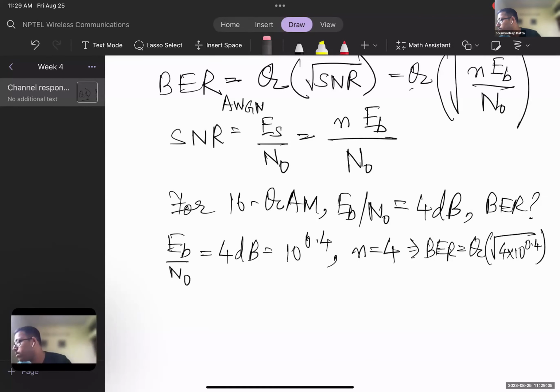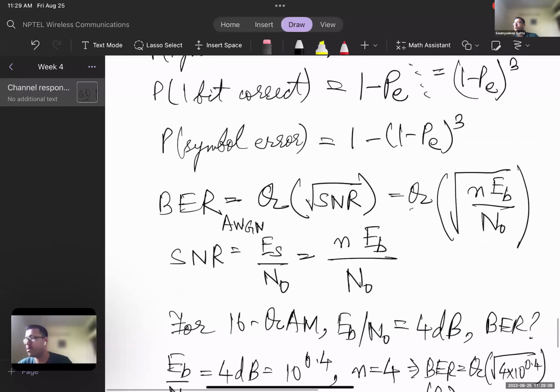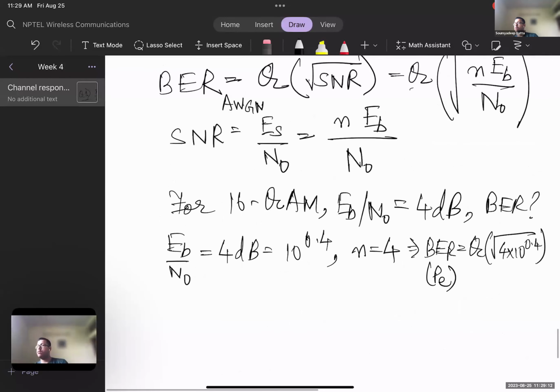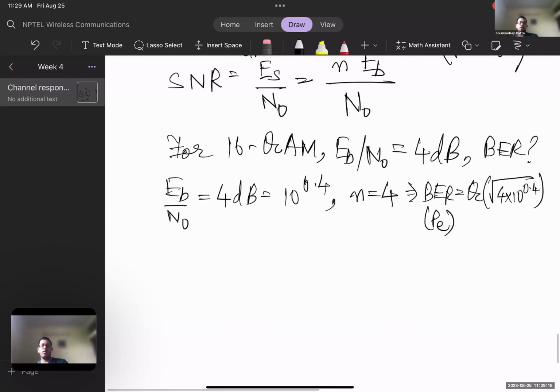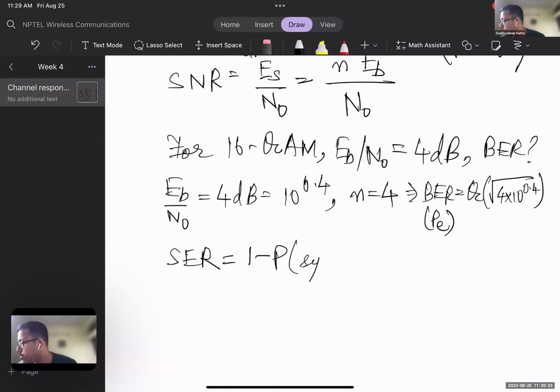So this is what we were denoting as PE earlier, right? So this is the bit error rate. Now if you are asked the symbol error rate, that your symbol is in error, this will be 1 minus the probability that the symbol is correct, right?